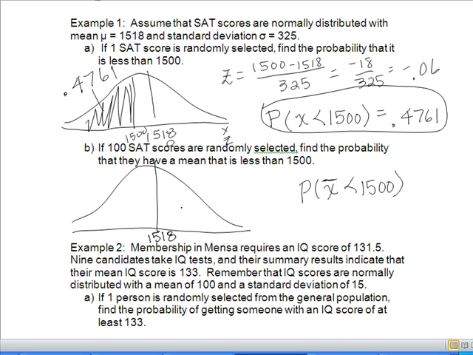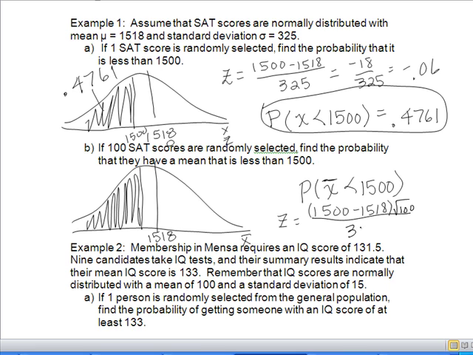So let's look up negative 0.55. Okay, negative 0.55 is 0.2912. So we see there is a difference when we're working with the individual score and when we're working with the mean of a sample.